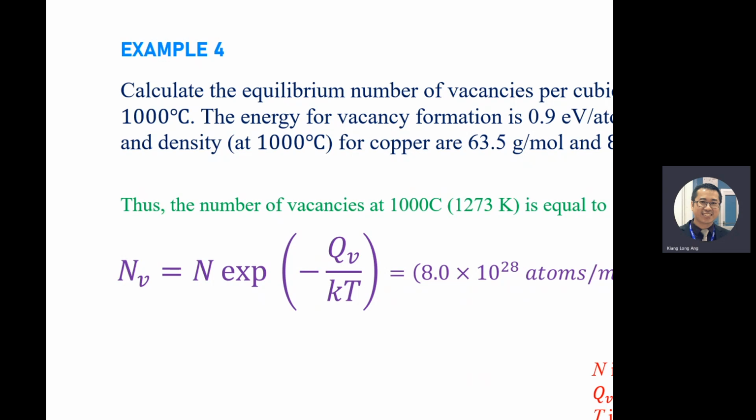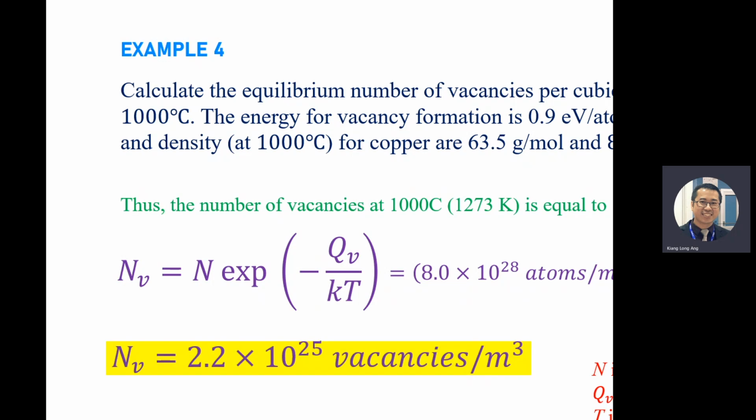You're given 1000 Celsius, so 1000 equals 1273 Kelvin. The rest is calculation. Try to understand the working, try to understand the logic behind the equation, because the numbers will change in the test or final exam.